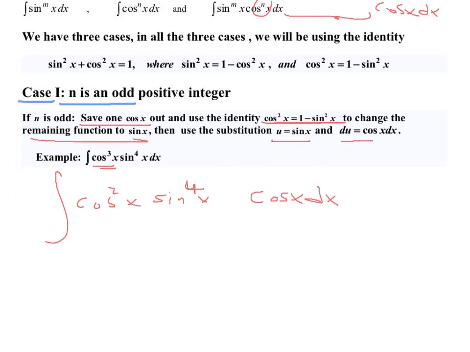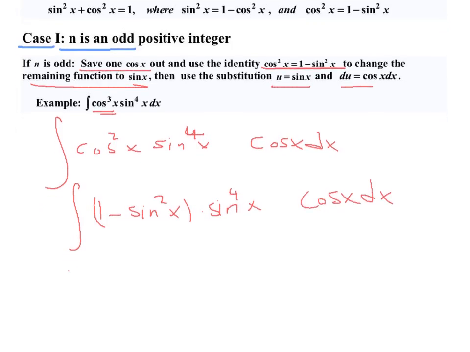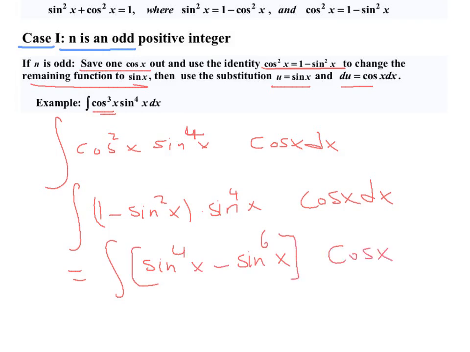Then change the cosine squared using the identity into 1 minus sine squared, times sine to the 4, and the saved cosine should be kept out and not changed. Then this can be simplified into sine 4 x minus sine 6 x if you multiply sine 4 by the bracket. This is kept out as it is.